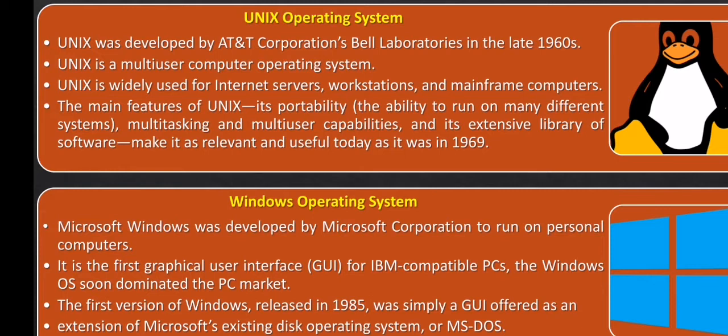It is the first graphical user interface or GUI for IBM compatible PCs, and Windows OS soon dominated the PC market. The first version of Windows was released in 1985 and was simply a GUI offered as an extension of Microsoft's existing Disk Operating System, or MS-DOS, which is a command line interface, or what we call CLI.